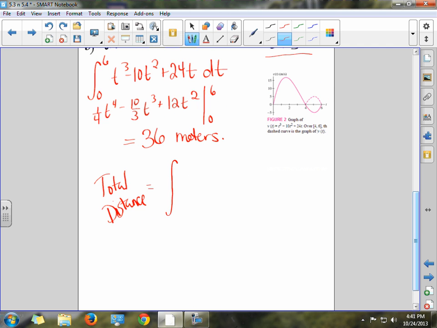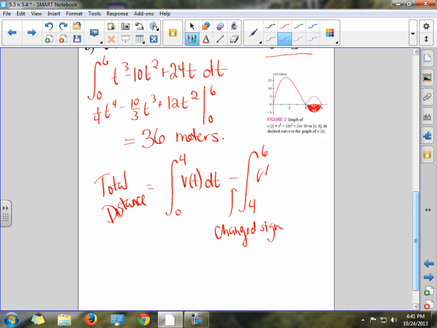So this is going to be the integral from 0 to 4 of v of t dt. And now, since this area down here is negative, between 4 and 6, I need to change the sign. So I'm just going to make it negative so that it will become positive. And so now I've changed the sign here.